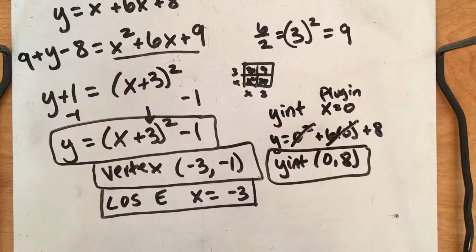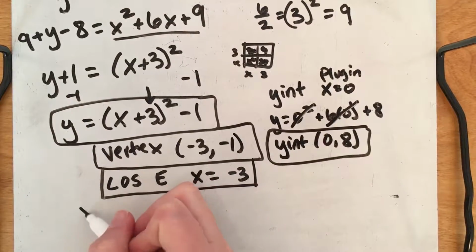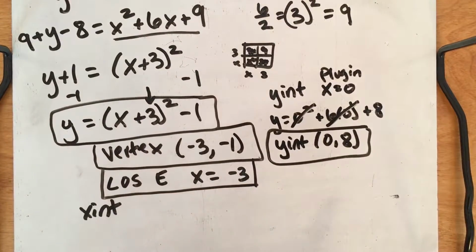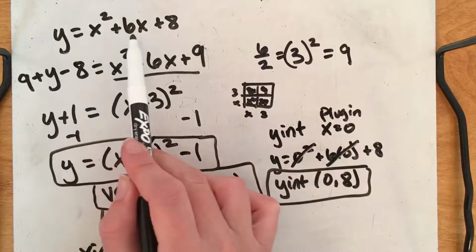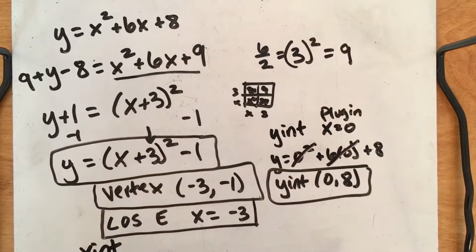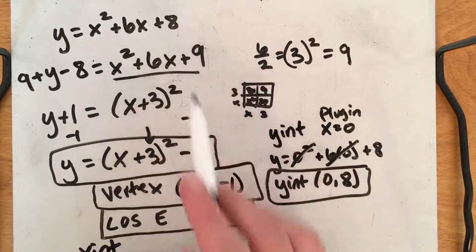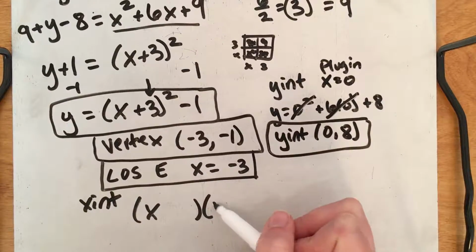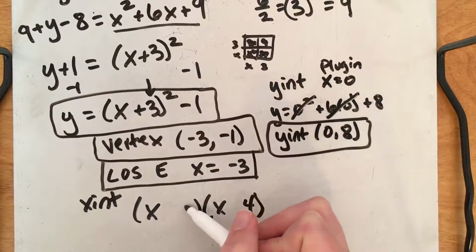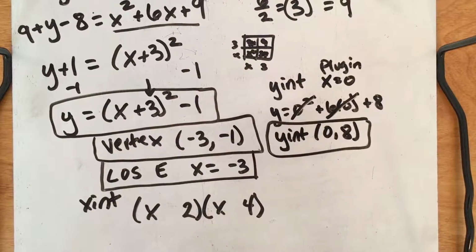Last step for this problem is to find the x-intercepts. What we're going to start by doing is seeing if we can factor the original problem, which up here was x squared plus 6x plus 8. So I'm going to factor that into things that multiply to 8. Could be 8 and 1, but I'm going to do 4 and 2, because those things will add to be 6, and I wanted a positive 6 when I add them, and a positive 8 when I multiply.